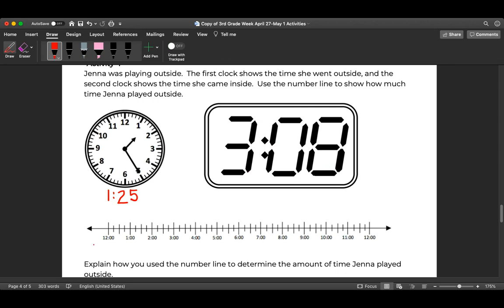So when I look down here at my number line, 2 days ago, we talked about how the number line is separated into hours, and each of these marks on this particular number line are 15 minutes, because an hour can be split into 4 parts, and each of the 4 parts, remember I drew it like this.